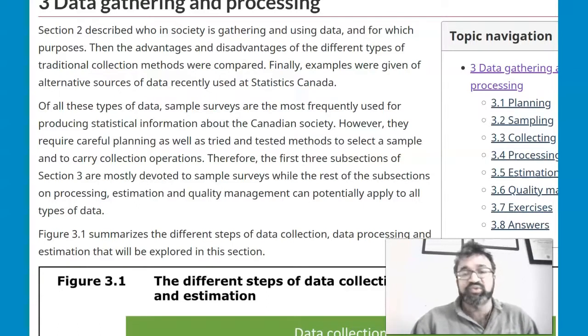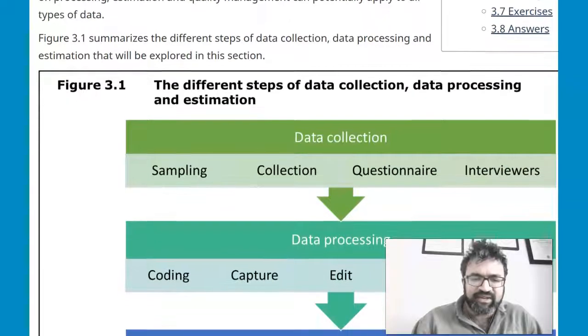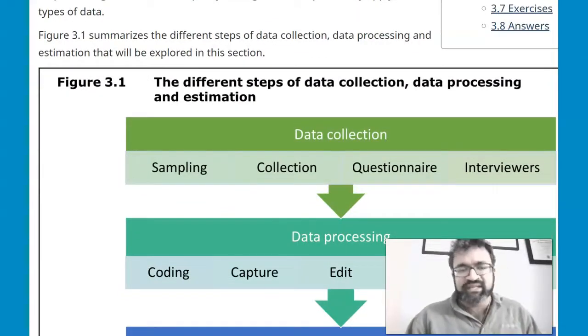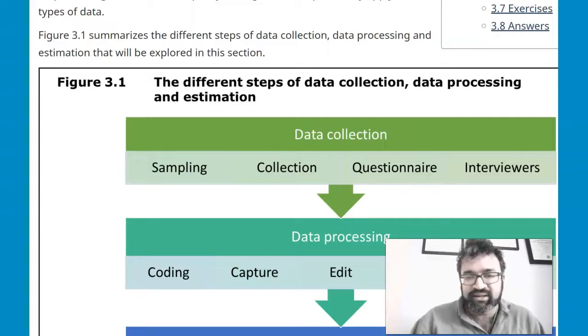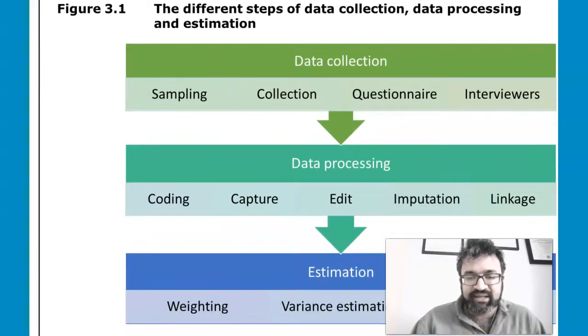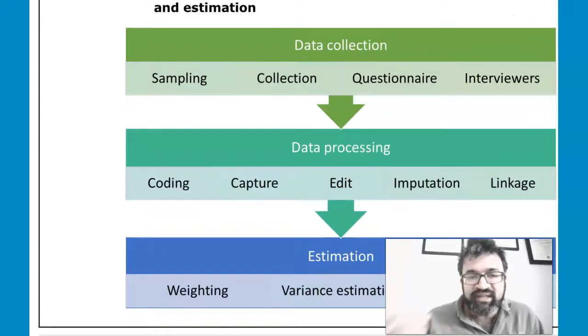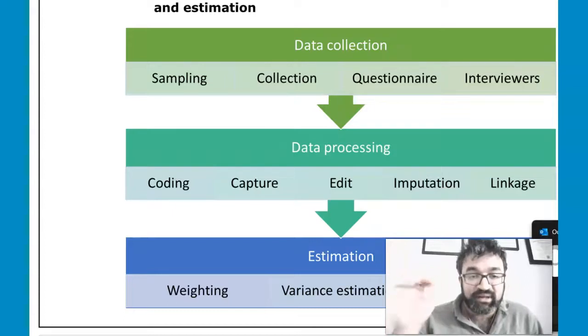There's, of course, a planning process, and I think this figure summarizes it well. But there's then collection, data processing, and then estimation. So when you're thinking about the different steps, just think about collection, processing, and estimation.